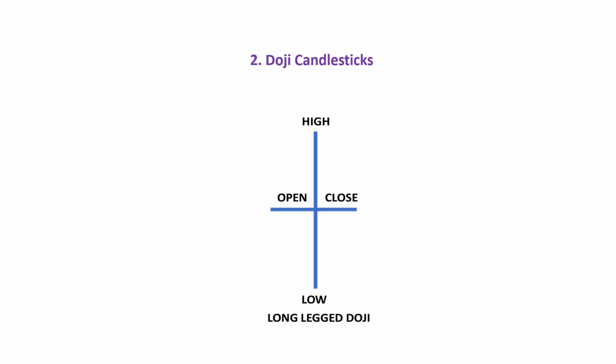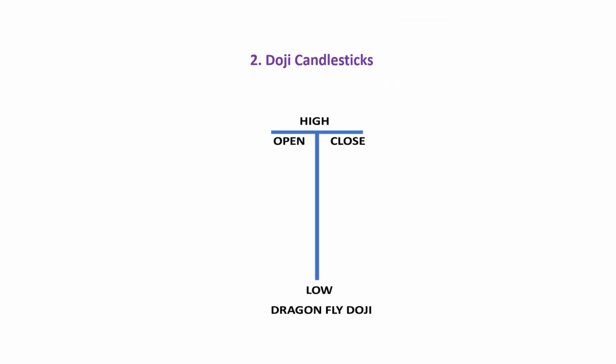Number 2, long leg doji. This pattern has long upper and lower shadows and a small or non-existent body. It indicates indecision in the market with buyers and sellers in a deadlock. Number 3, dragonfly doji. This pattern has a long lower shadow and a very small or non-existent upper shadow, with the opening and closing prices near the high of the period.